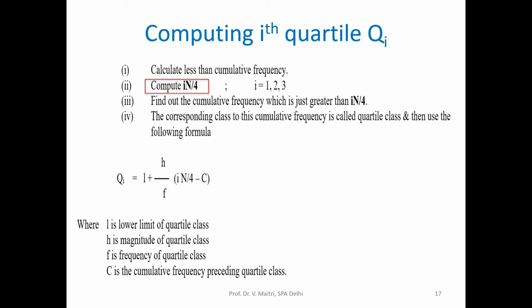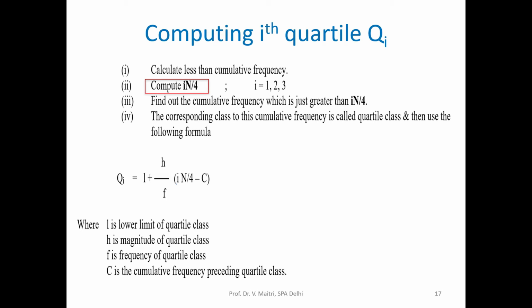After computing i times n by 4, from the cumulative frequency table find which cumulative frequency is just greater than i times n by 4. The corresponding class of this cumulative frequency is called the quartile class.